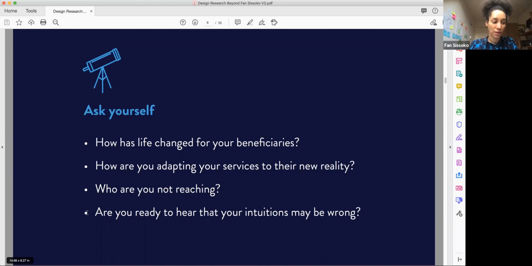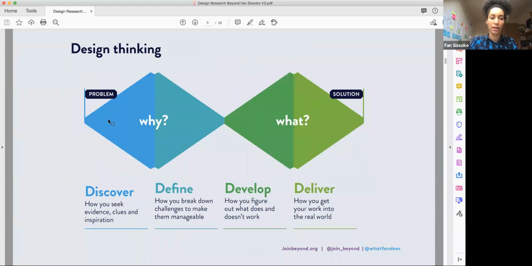And one thing that's really important before you even decide to do research is, are you ready to hear that your intuitions may be wrong? When we are at the beginning of a design process, or when we are trying to do something new, sometimes we have an understanding of what the problem is. And then as we dig deeper, we realize that that problem was just a symptom, and the root cause is something completely different.